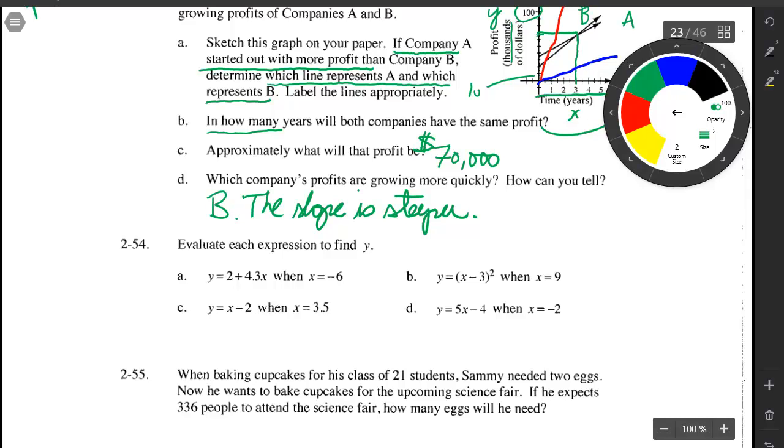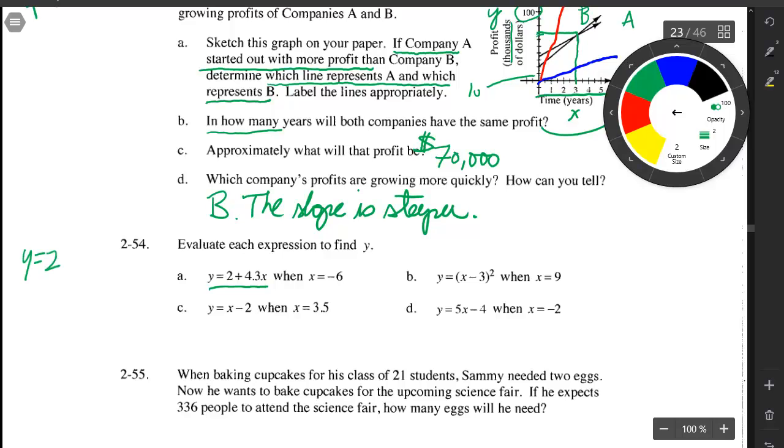So let's take a look at 54. This is substitution again. We'll just do A. 2 plus 4.3x, right? So 4.3x is 4.3 times x. So we'll rewrite the problem.